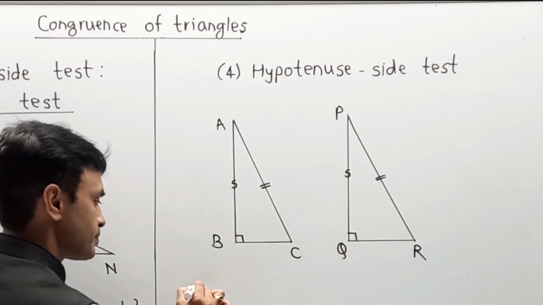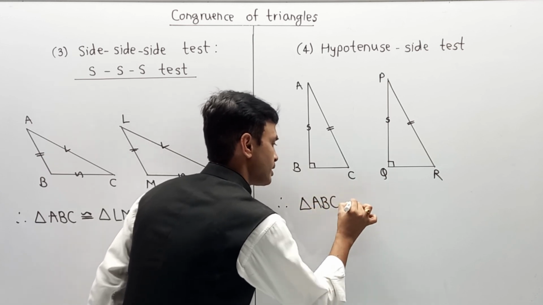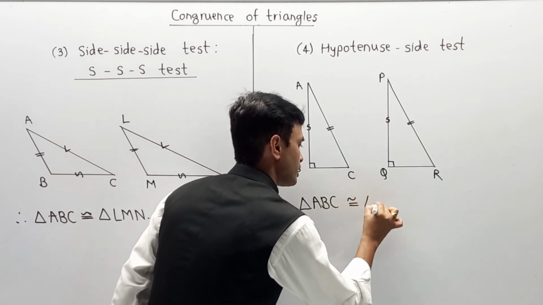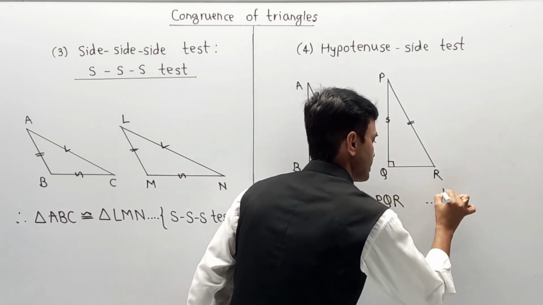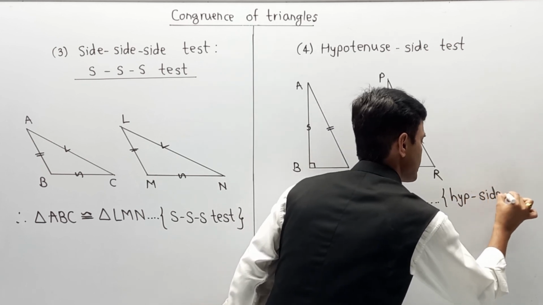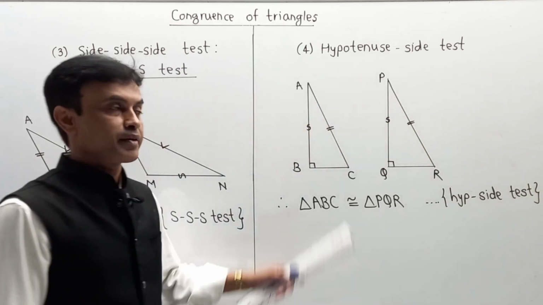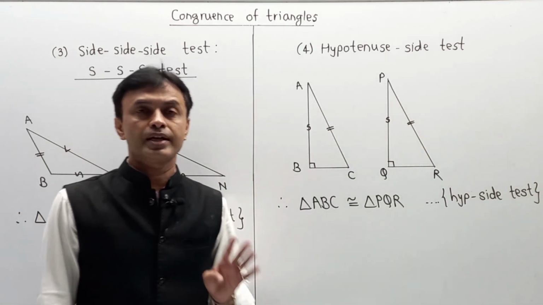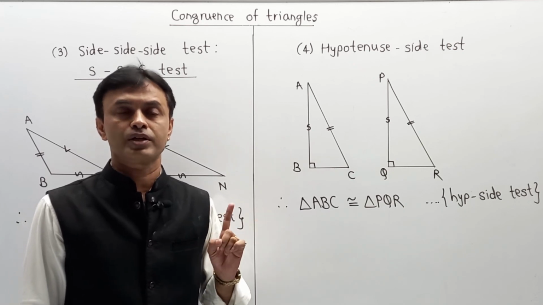And here we can write: therefore triangle ABC is congruent with triangle PQR by hypotenuse side test of congruency. And in this way we can indicate it. So we understood four parts. First, angle side angle test of congruency.